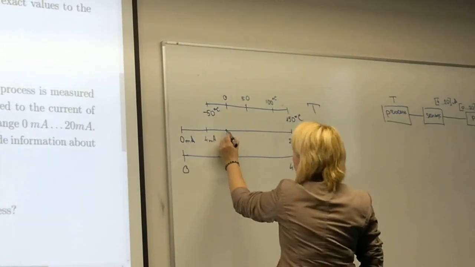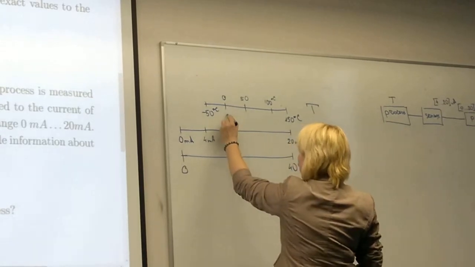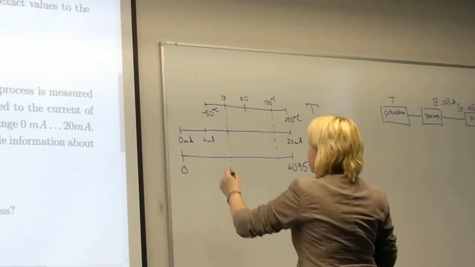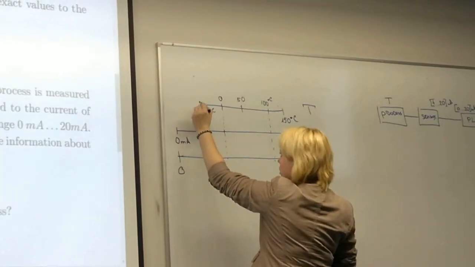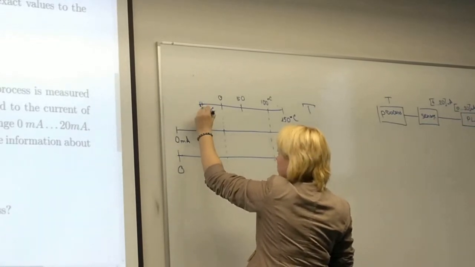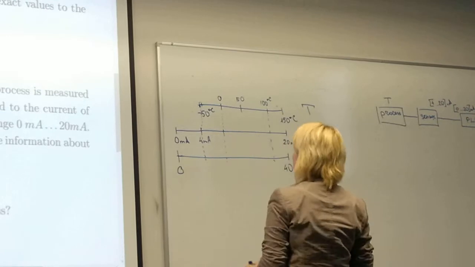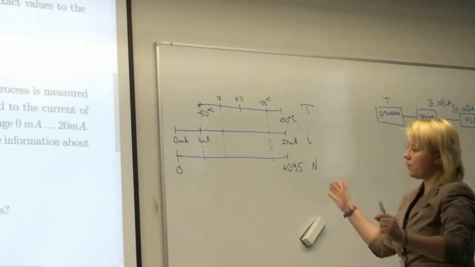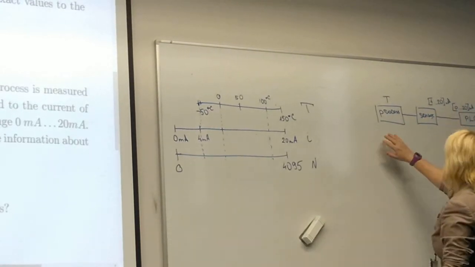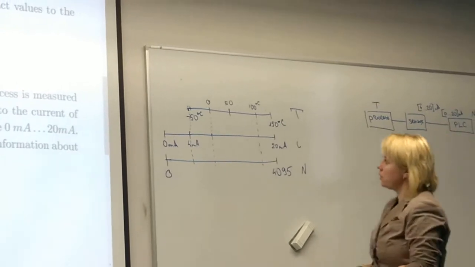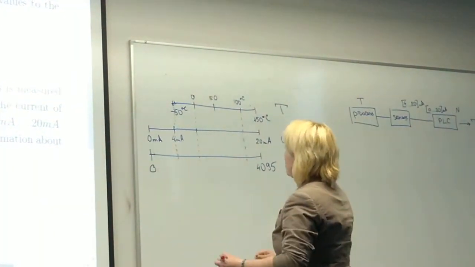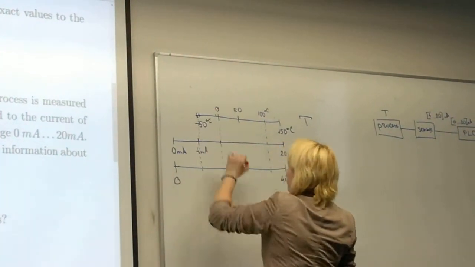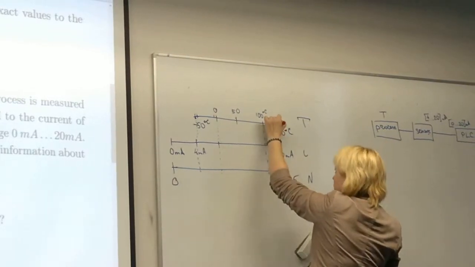In that case, the information which will be sent to the workstation will be actually from -5, from this point and till that point.